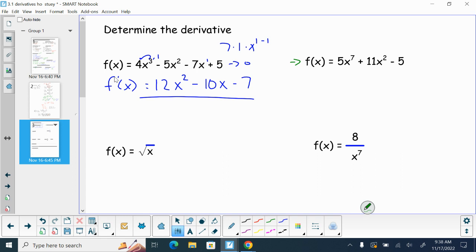Okay, take the derivative of the next one here. What would be your derivative? Mike, what do you have? 35x to the 6th, and then plus 11... 22x, and 0.